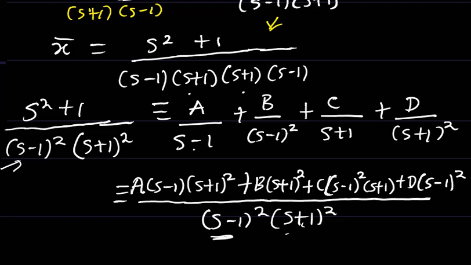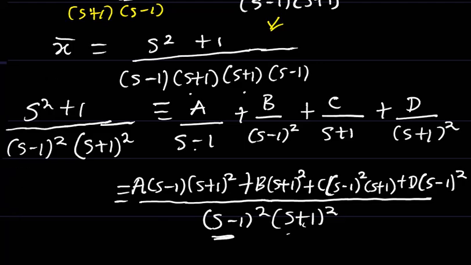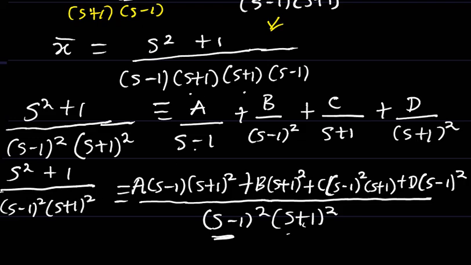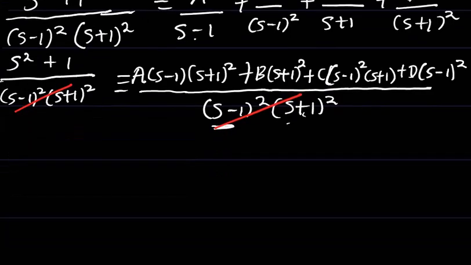So on the left hand side of the equation, I'm still left with x squared plus 1, divided by x minus 1 squared, then of course x plus 1 squared. We know exactly what is going to happen here now. This will cancel, this will cancel.